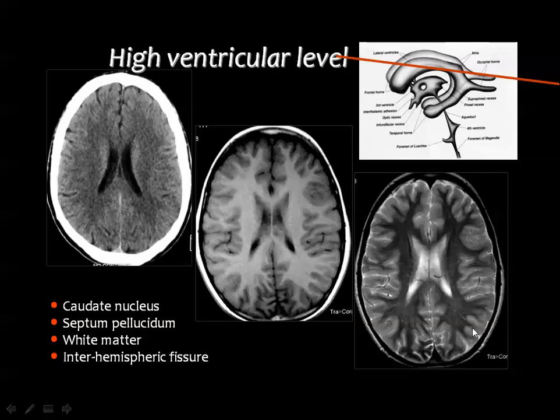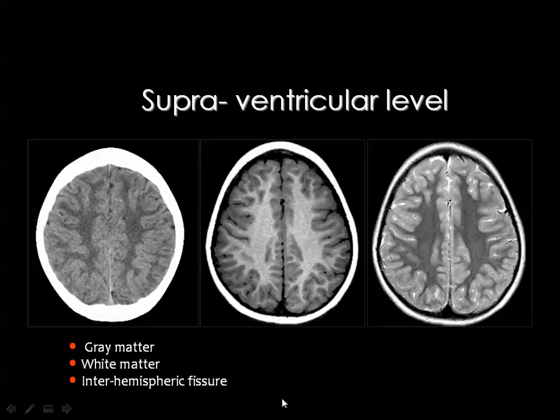In the MRI T1 weighted image, the white matter is white and the gray matter is gray. So it's frequently said that the MRI T1 weighted image is used for the anatomy, while MRI T2 weighted image is used for the pathology.